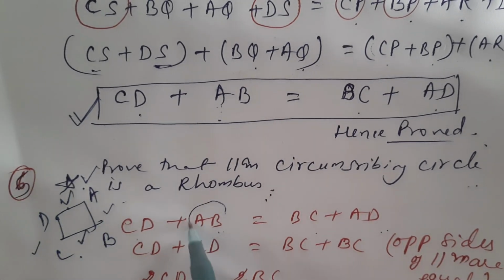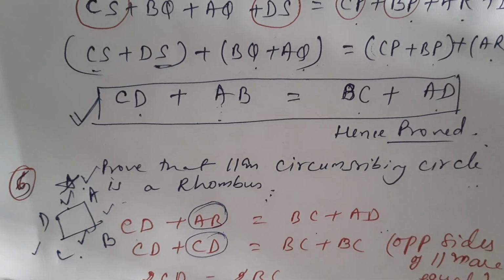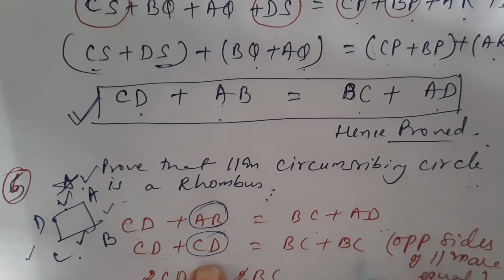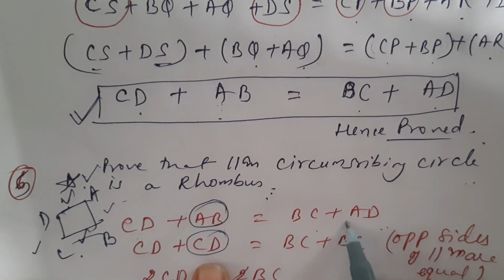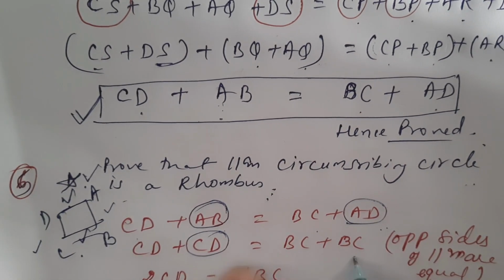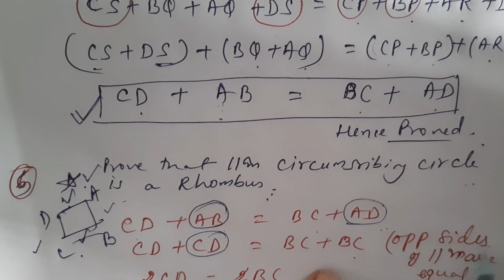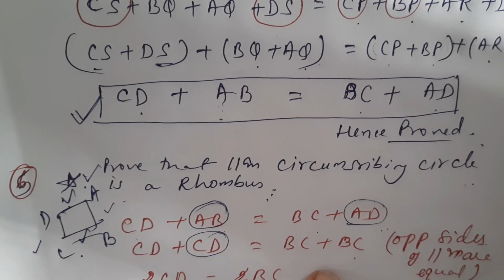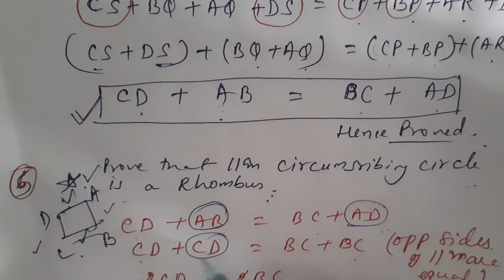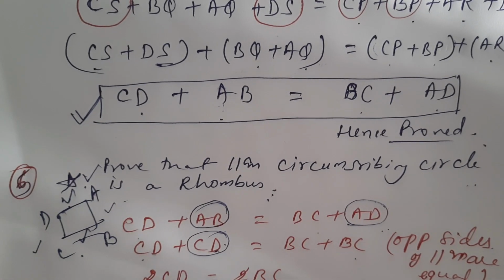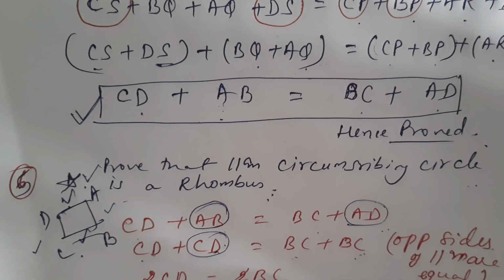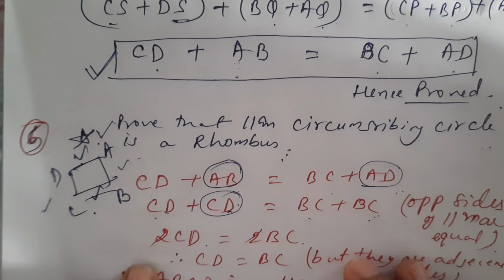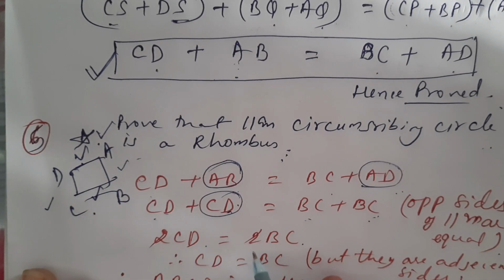So I replaced AB with CD, and in the same way AD with BC, and we write the statement: opposite sides of a parallelogram are equal. Now 2 times CD is there, so replace with 2CD. 2 times BC is there, so replace with 2BC. Now 2 is common, so cancel 2 from both sides. Thus CD is equal to BC.